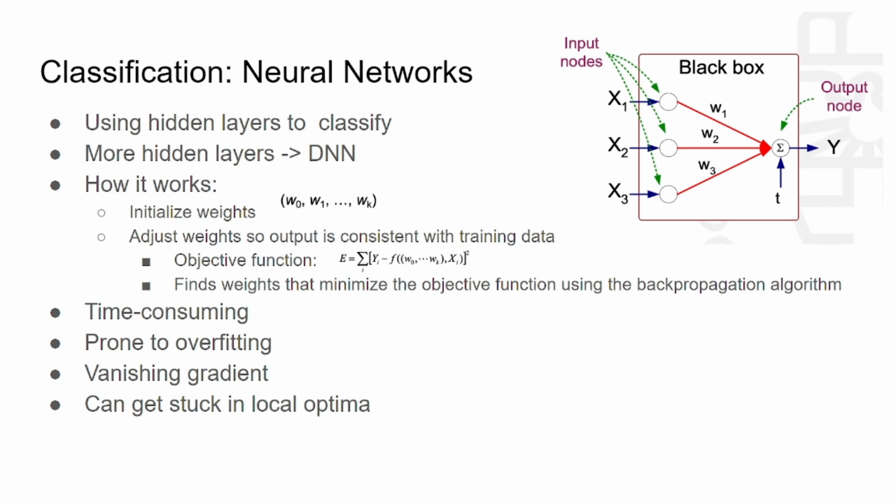Now, can somebody tell me what a neural network is? General, very general. It is a collection of neurons in multiple layers that then predict the outputs according to weights. Yeah, that's a good summary.